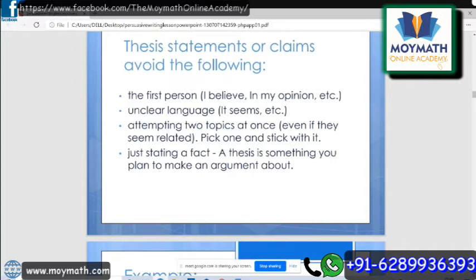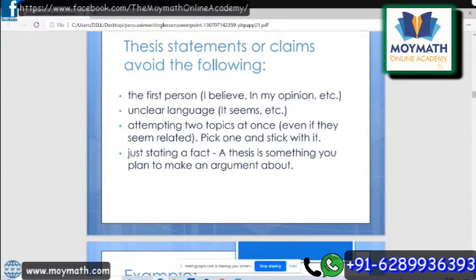What is more important is the facts. Is it clear to you? And never say it seems, as that shows that you are not very confident about it. Seems means only you think. It's not that you are very sure. So these are the phrases that you have to avoid when you are writing an argument.